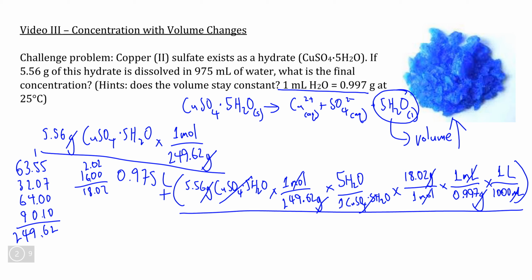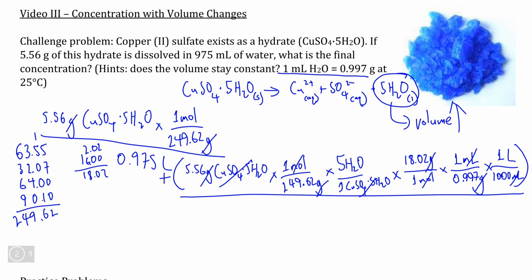And if we take this large number and add it to the original solution volume, that tells us what the total volume of our solution is. And all that remains to do is take the number of moles of solute that we dissolved and divide it by this total volume that we have.